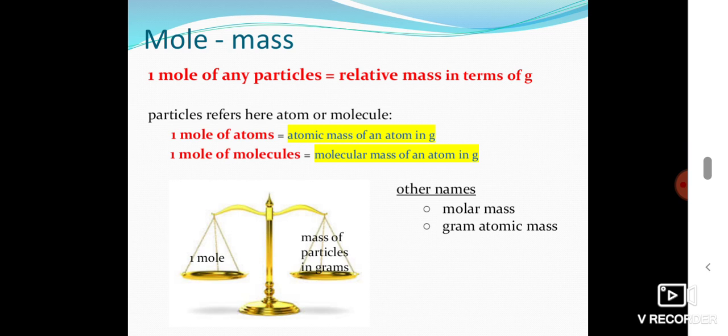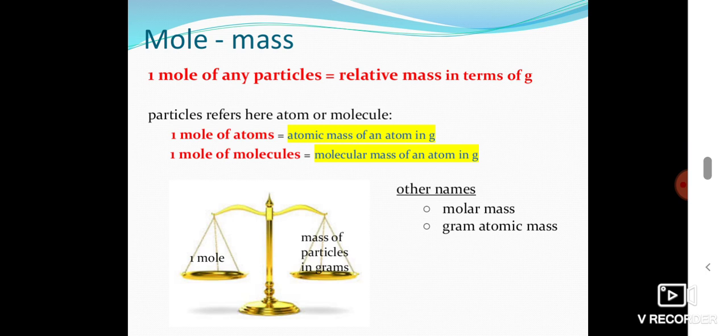So 1 mole of any particles is equal to the relative mass in terms of grams. What is that relative mass? We have already seen that relative mass is the mass of an atom compared with the carbon-12 isotope, isn't it?